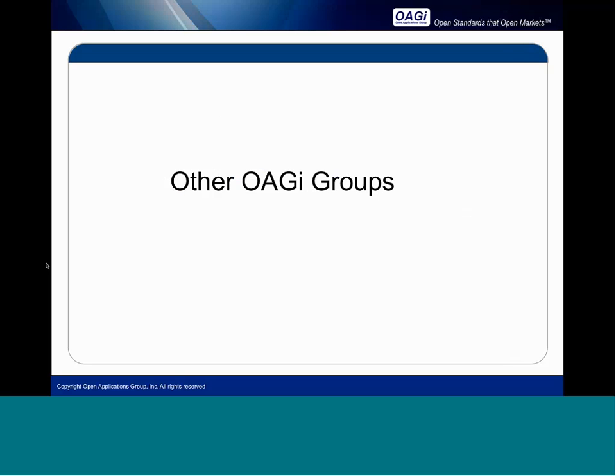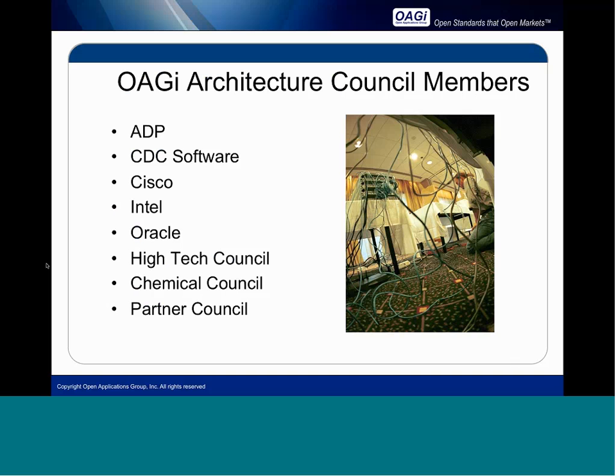So now we've covered the Chemical Industry Council in some detail, but let's briefly cover some of the other OAGi groups. OAGi has an architecture council, and its job is really to ensure that the work of the other councils is consistent and in line with the OAGi architecture, and really provide advice to those groups, and then of course execute its own projects.